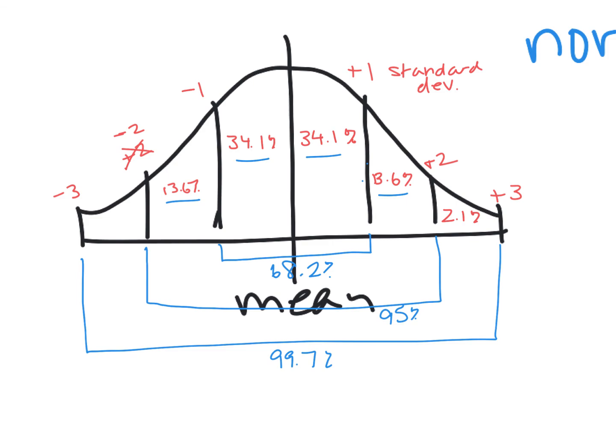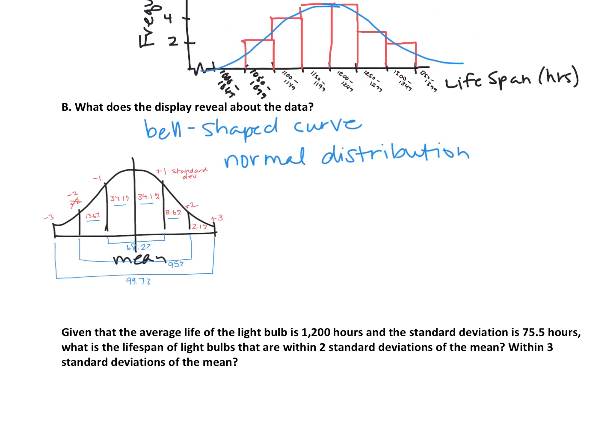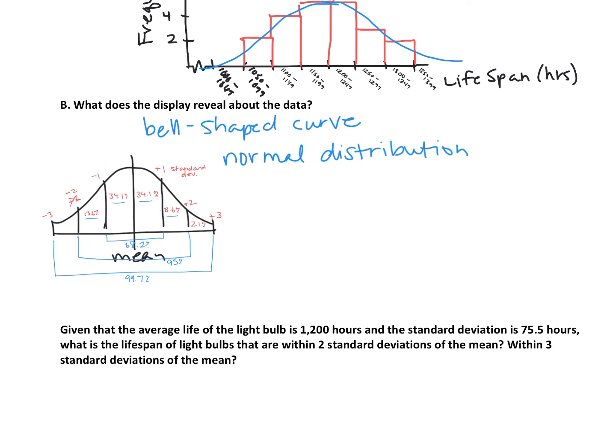So the standard deviation for this data set is 75.5 hours. So remember that formula we saw, that little equation in the intro video? If we did all that math, we would get 75.5 hours. So 1 standard deviation is equal to 75.5 hours.